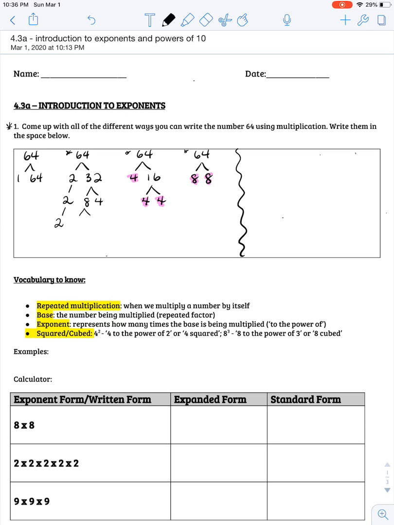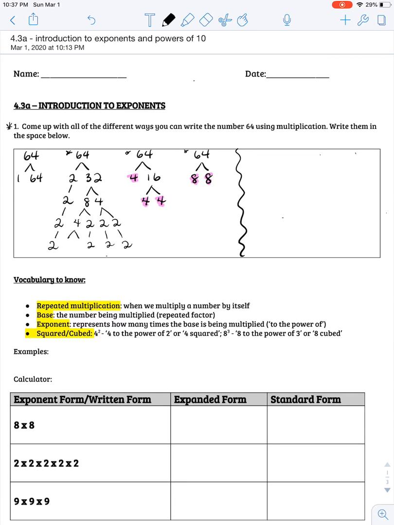I know that 8 is still composite because it can be broken down into 4 times 2. I look at this other 4 here. I know it's still composite because you can break it down into 2 times 2. Now, we're not quite done yet because we want to still break down that 4. We're going to break down all the 2's on a single branch because they are prime.